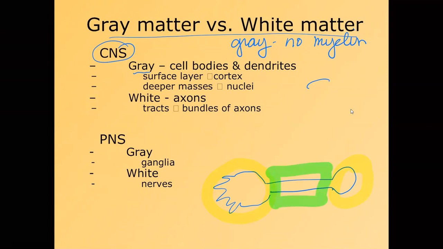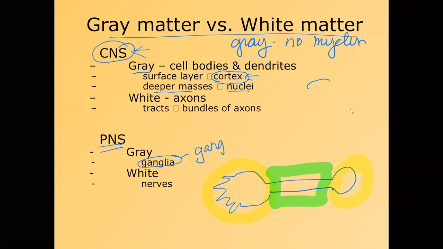Now they have different names depending on the part. If they're gray and they're in the central nervous system, and they're on the surface of the brain or the surface of the spinal cord, we call them the cortex. If it's deep, we call them nuclei. If it's gray and it's in the peripheral nervous system, we call them ganglia, and that's plural.